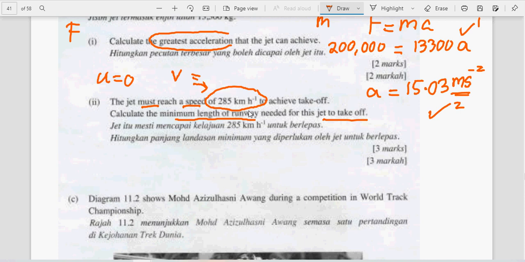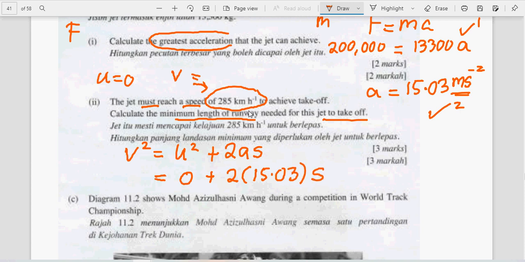Then you need to determine the displacement. What formula can you use? Still remember this formula? v squared equals u squared plus 2as. Use this formula. v ada, u is 0, and then 2 times the acceleration already calculated in the previous question.